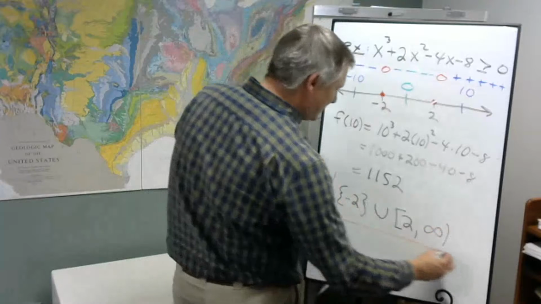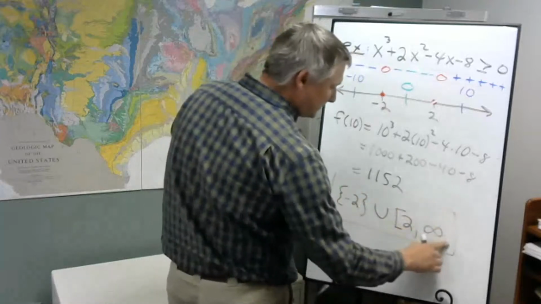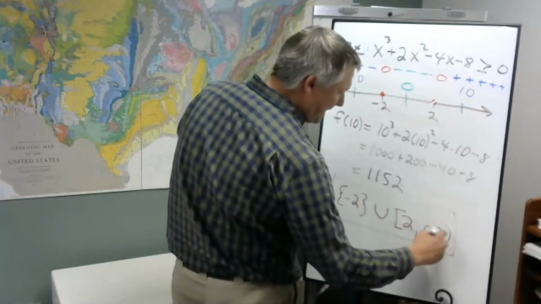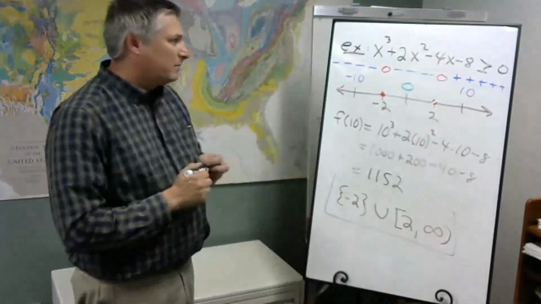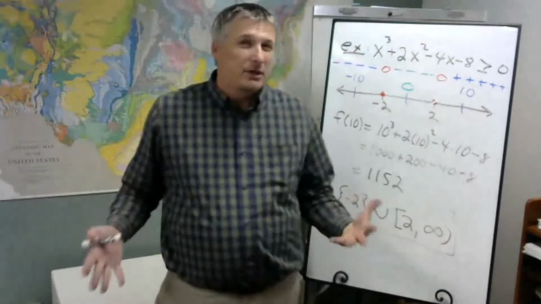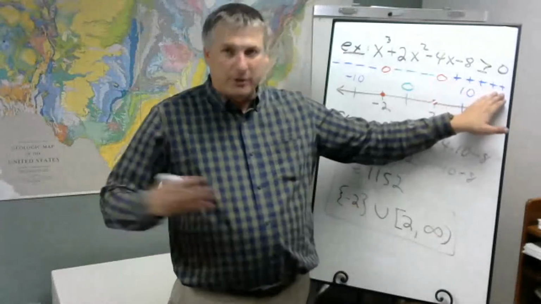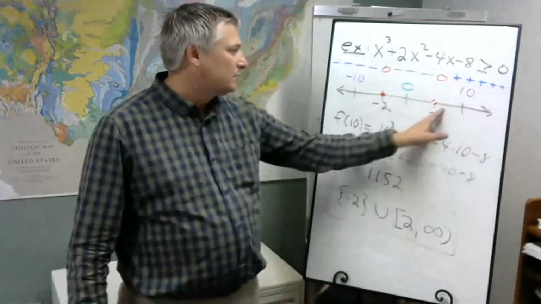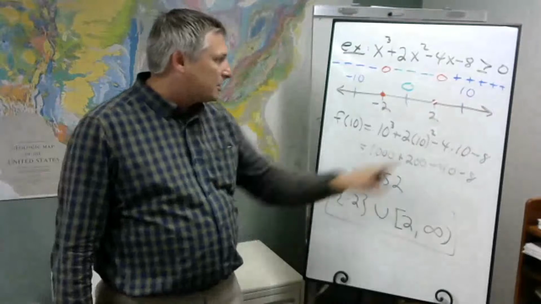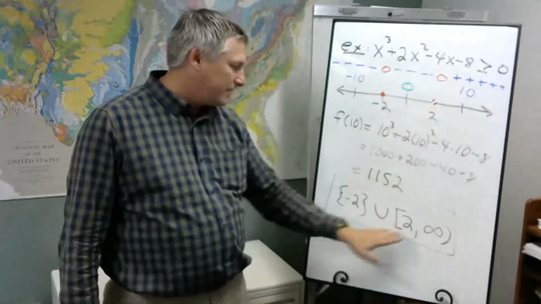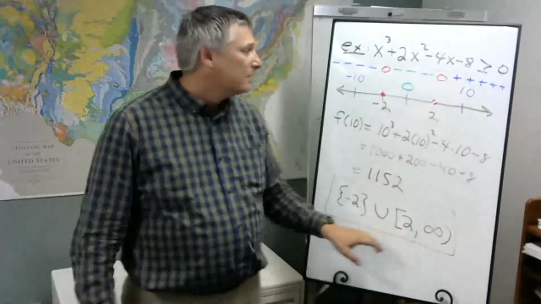Now this might seem like an unusual answer, and it is. It's not one we typically get in this class. But we just want to know, where is this greater than or equal to 0? Well, it's greater than 0 on this interval to the right of 2. It's also equal to 0 at 2, so that's why we have the inclusion of 2.